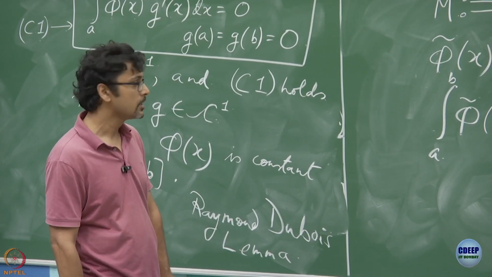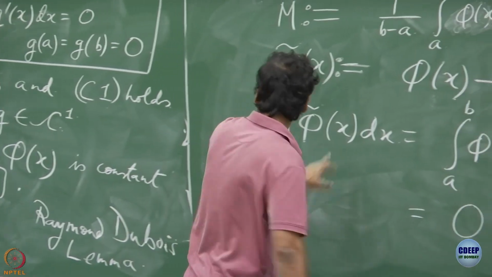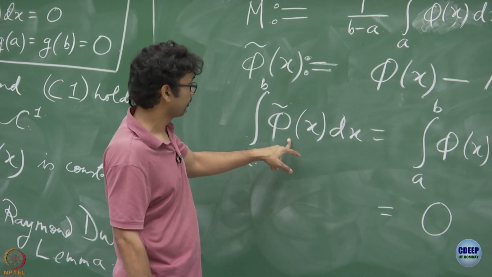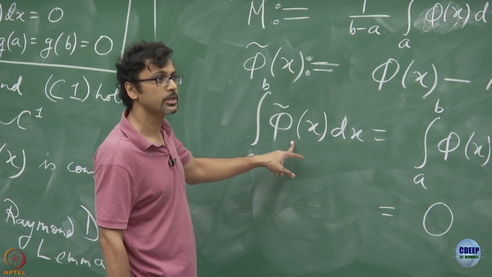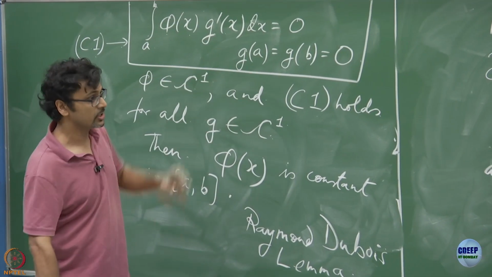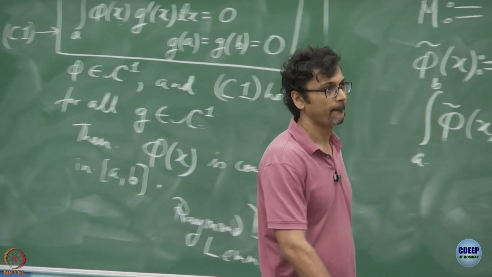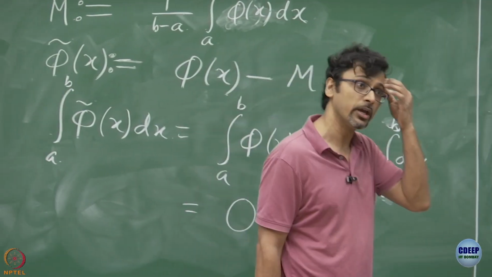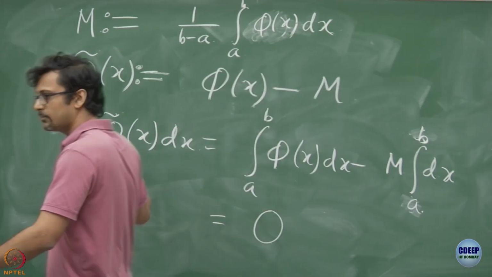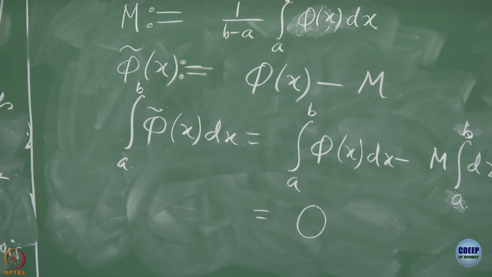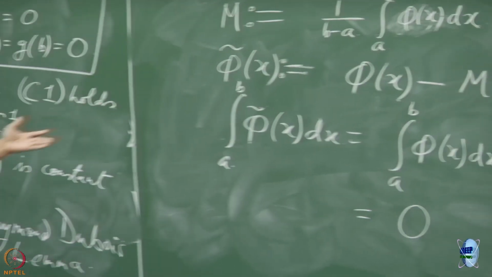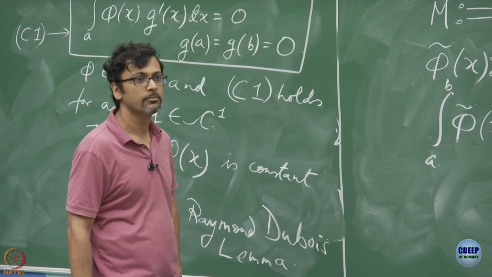What can you say about phi tilde? Just think about it. Look at this object here. Which object does this remind you of with respect to G? What other special property does this enjoy? If you look at phi tilde here, what special property can you say about phi tilde here?